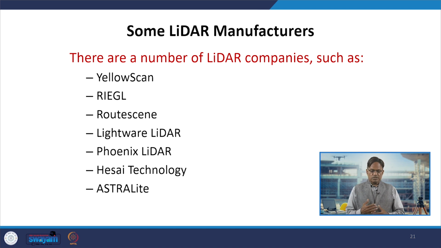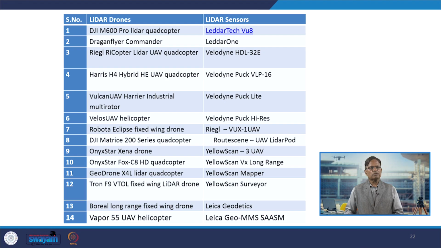There are several LiDAR manufacturers all over the world. This is some of the list given over here, of LiDAR systems being manufactured for data collection and mapping through drone systems. There are two components, one is the drone system, the platform, and another is the sensor system.